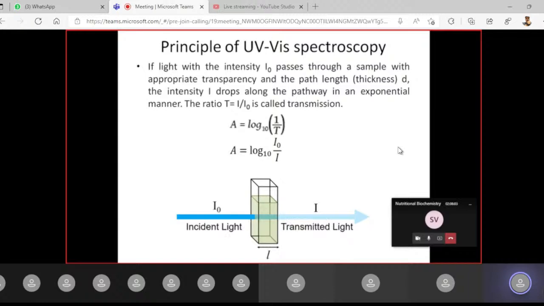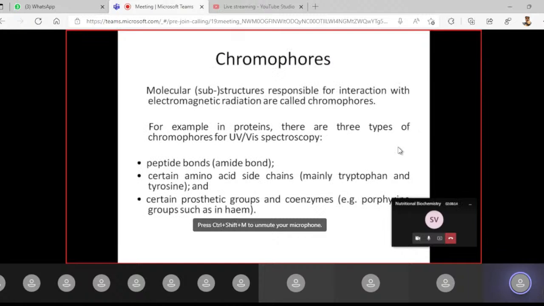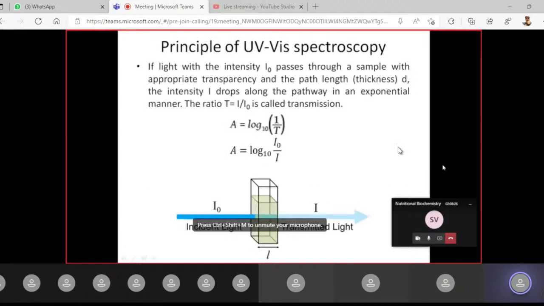You don't have to make them a colored solution by adding a biuret reagent or any other reagent. In the UV range, they can directly absorb because they have these peptide bonds, tryptophan and the other structures in the proteins. So your proteins can absorb directly in the UV range without making them a colored substance.